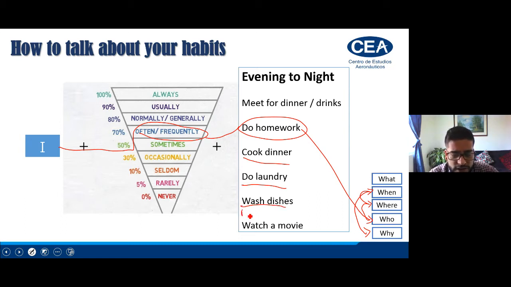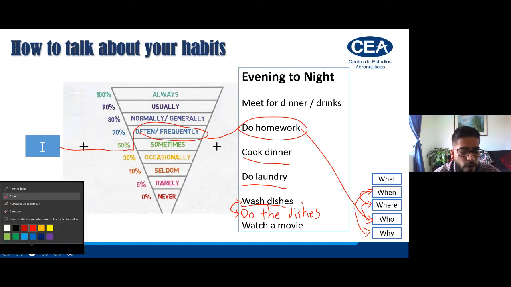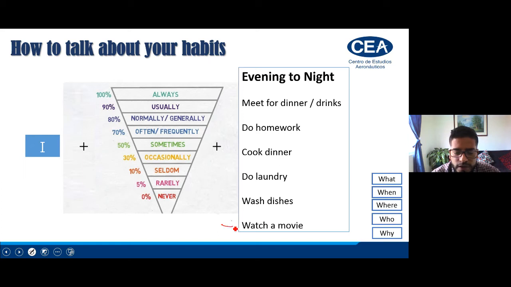It's not always necessary to use do the dishes in this case. Those are possible. Okay, those are correct. You can say I wash dishes or I do the dishes. Okay, both are correct. There is no difference. Okay, and finally, watch movies or watch a movie.